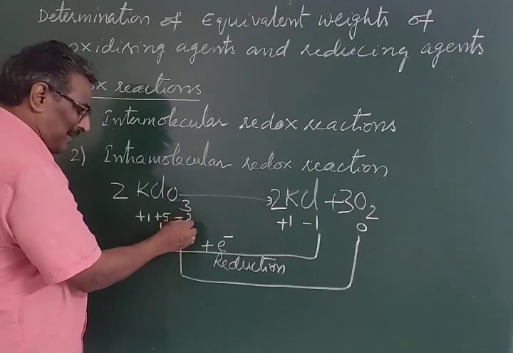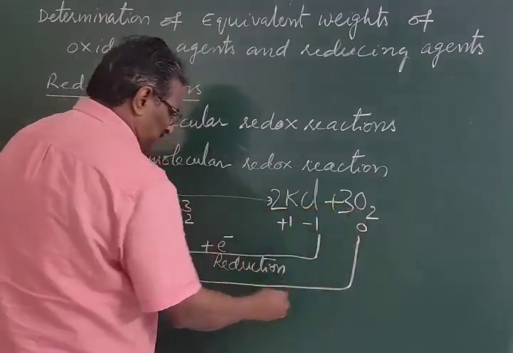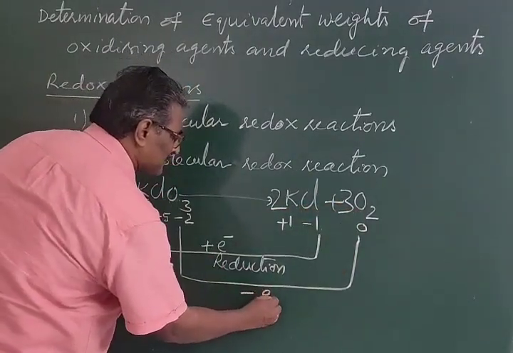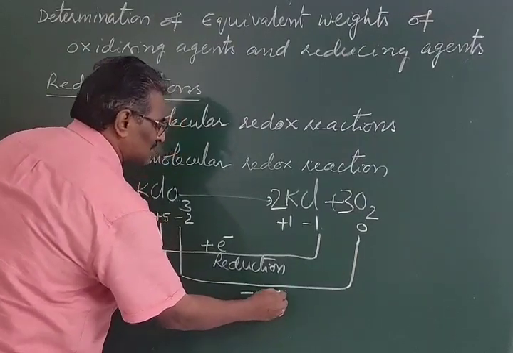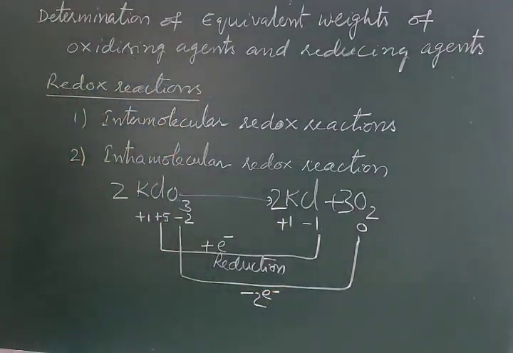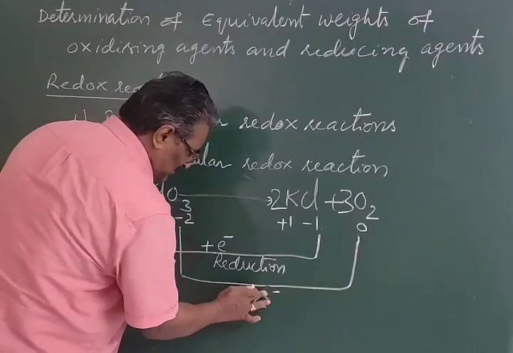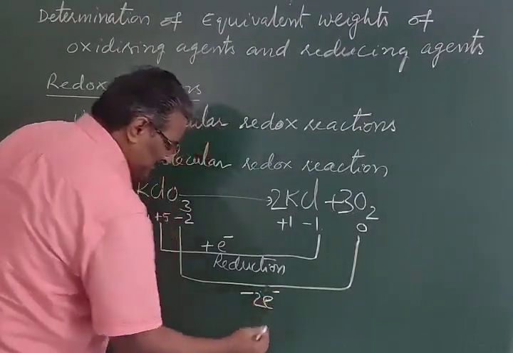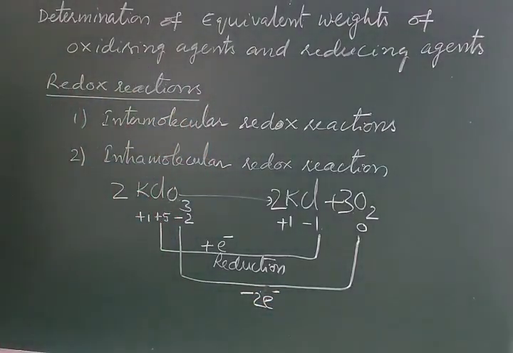The oxide ion loses 2 electrons and changes to a neutral oxygen atom. So 2 electrons are lost by each oxygen atom and 6 electrons are gained by each chlorine atom.